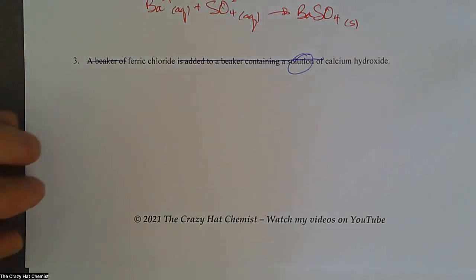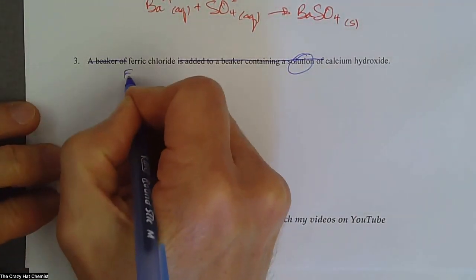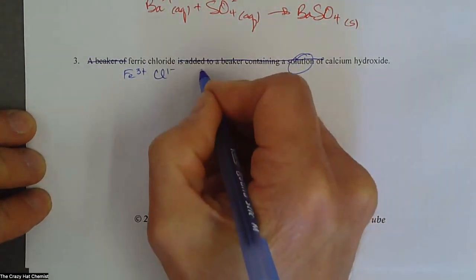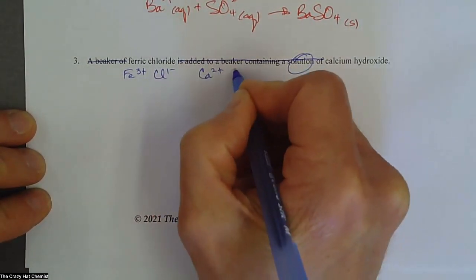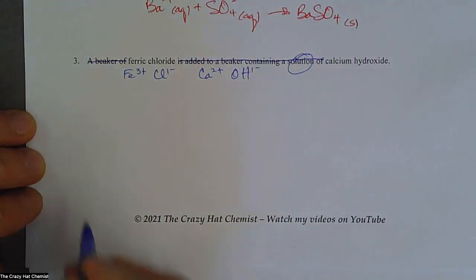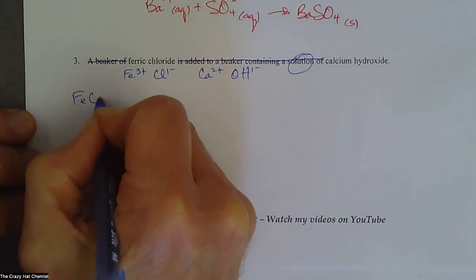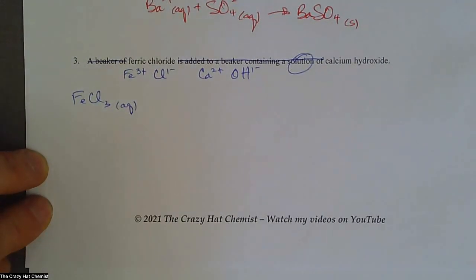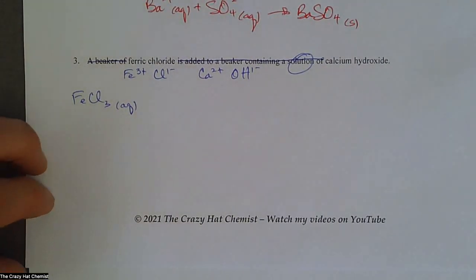Here we go. Ferric chloride, that's Fe3+ and Cl1- for the chloride, and calcium, that's group 2, and hydroxide, that's OH1-. So FeCl3, that's aqueous. Chlorides, bromides, and iodides are aqueous, okay, except for silver, mercurous, and plumbous.